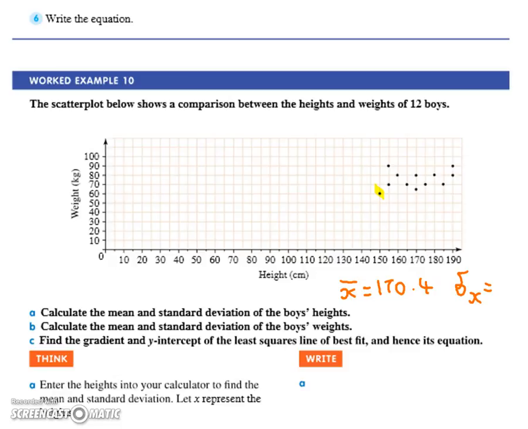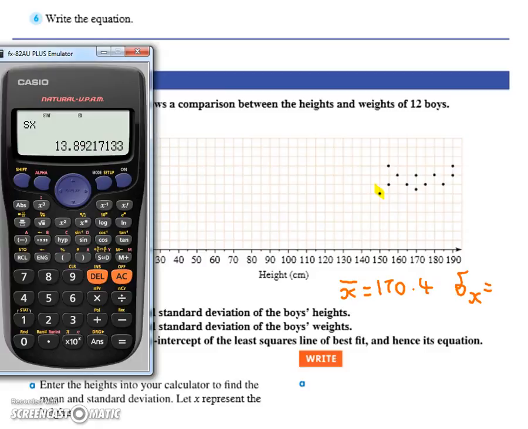A lot of you got 13.3. Why? Nah, they're doing it the right kind of way. Why? They're both standard deviations, the delta x and the sx. What's the S mean? Sample.